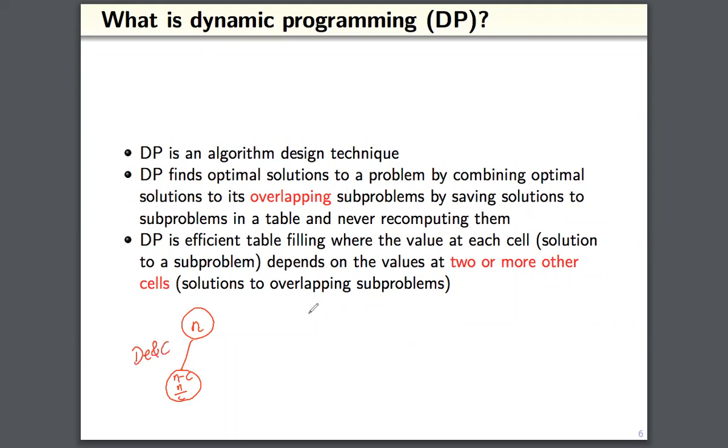We saw another design technique, divide and conquer, where we split a problem into multiple subproblems, say C number of times. It can be anything, but for simplicity we will assume C number of times, where C is greater than 1. If it is 1, it's just decrease and conquer. If it is greater than 1, we call it divide and conquer.